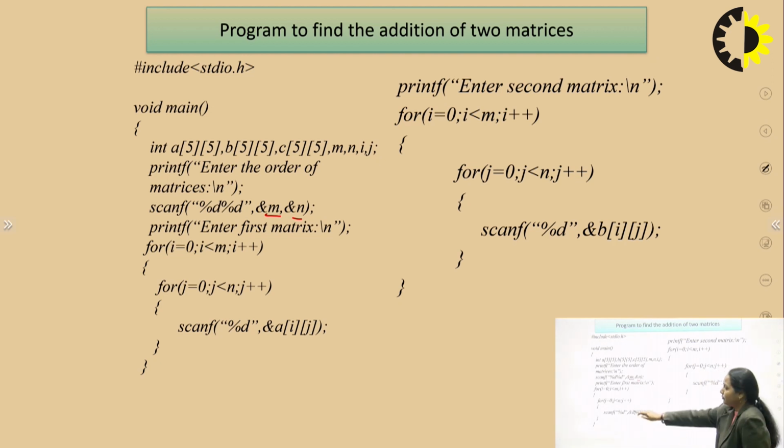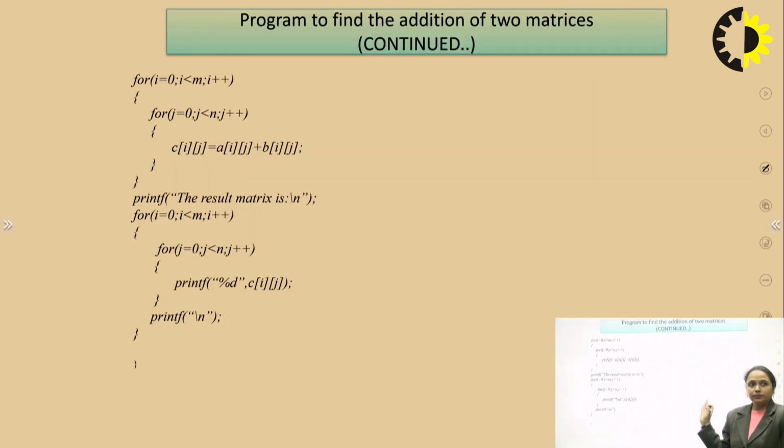Secondly, when i gets updated by 1, the row becomes 1, and again j changes: 1,0; 1,1; 1,2; 1,3 and so on. So data will be stored row wise in A. Similarly with the B matrix, the same code is written. As we are taking input in matrix A, we will take data in matrix B.